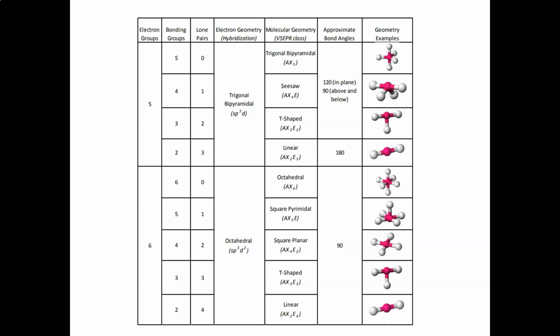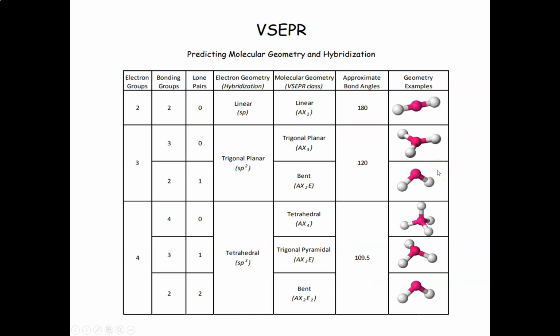This feels like a lot to memorize, but one of the things you'll notice is that once you get a feel for what they look like 3-dimensionally, like if you see something that's nice and flat in a triangle, your brain's going to memorize real quick. It's a trigonal planar, right? Trigonal, triangle, planar, flat, right?